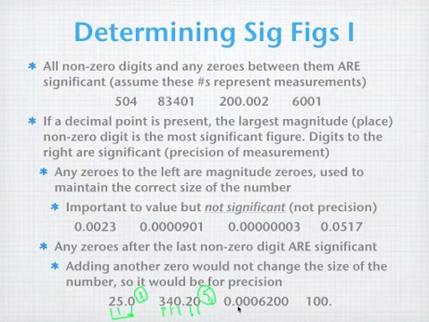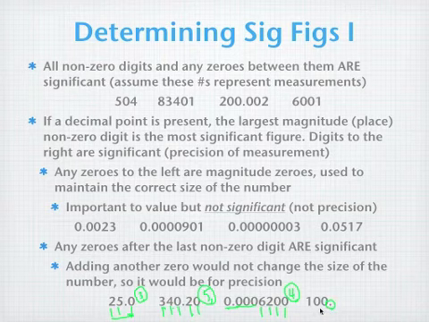In this case, this is really tricky. These first 4 zeros are not significant. They are the magnitude, or the placeholders. This 6 is our first non-zero digit, and every digit after that counts as significant. We have 4 significant figures. In this case, there's a reason why I have the decimal point here, even though there's nothing after it.